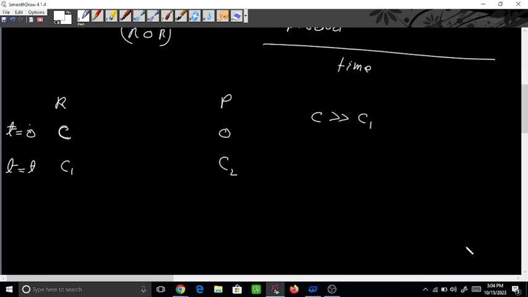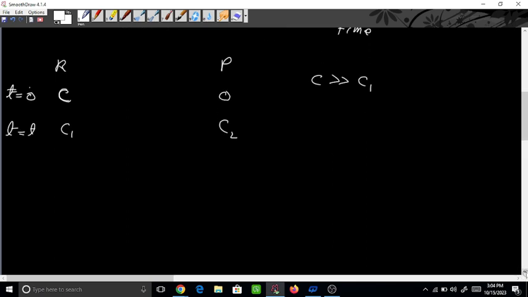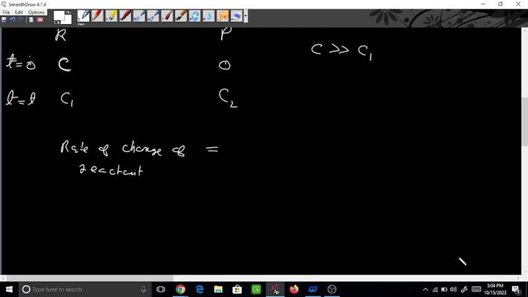So if we see the rate of change of reactant, we can see for both. Basically we do final minus initial, like A is changing to B, so what will be the change? Final minus initial divided by time. Basically we do the same thing for any kind of change. So what is final?